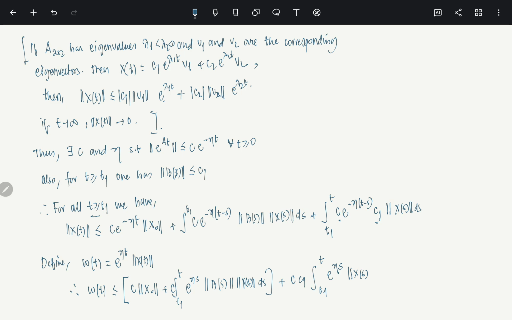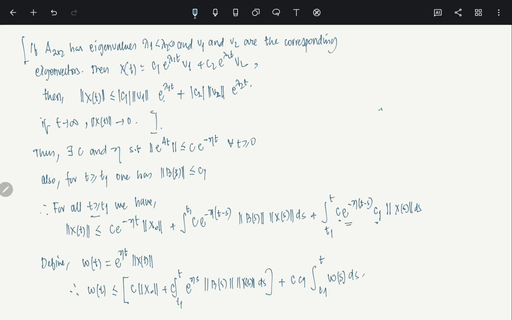See, e to the power eta t times x of s is w of s, right? Sorry. There are a lot of terms, so I am getting confused. So this is w of s ds, yeah, this is okay, right?